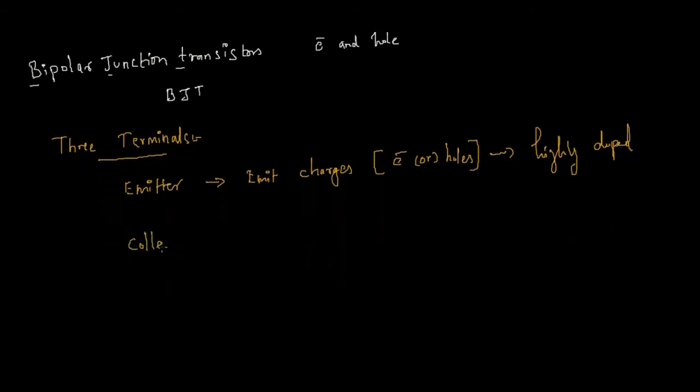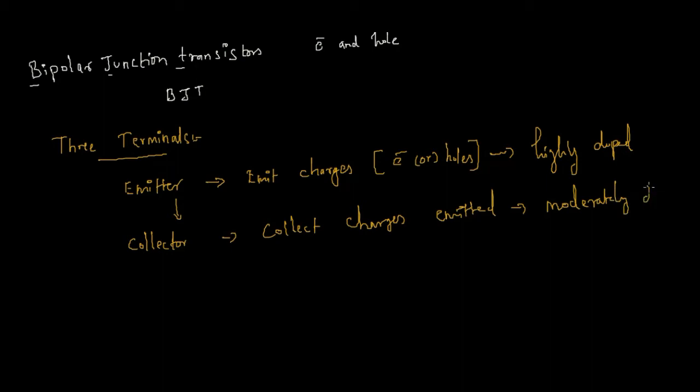The duty of the collector is to collect the charges emitted by the emitter. Since it needs to collect all the charges, it will be moderately doped. It is doped, but not as heavily as the emitter.